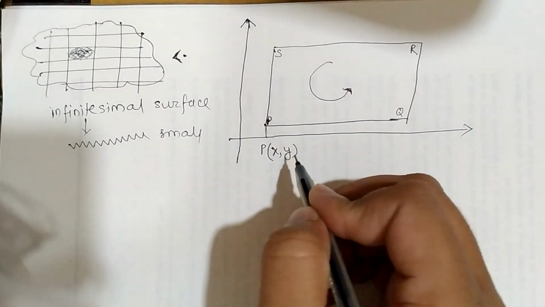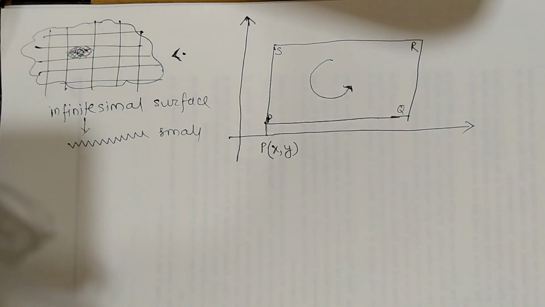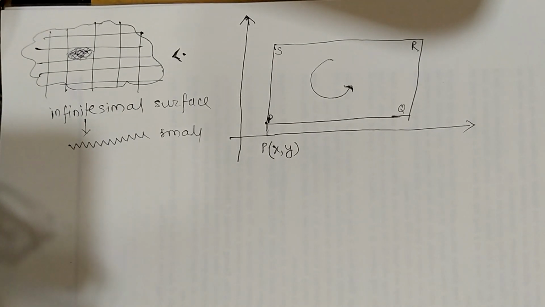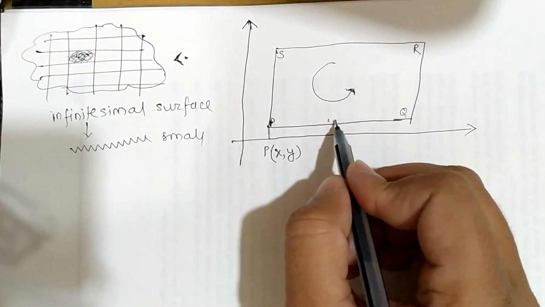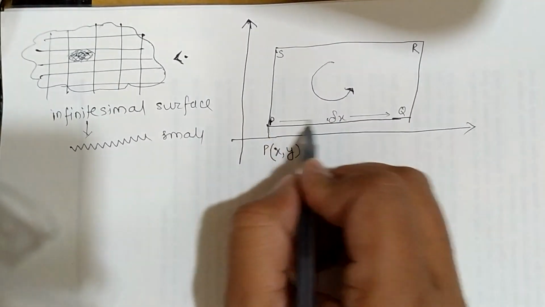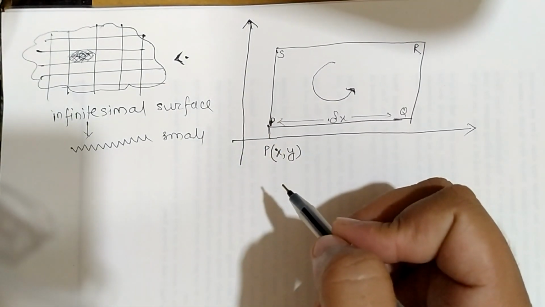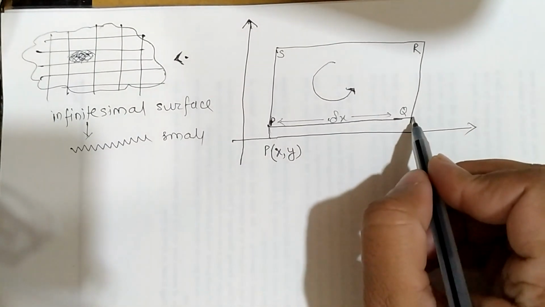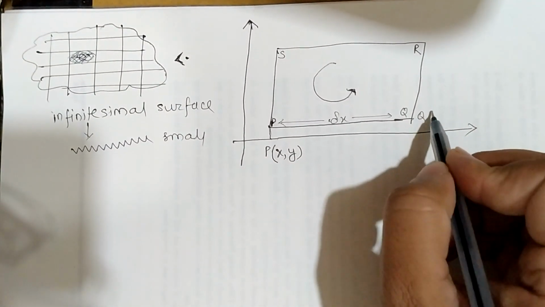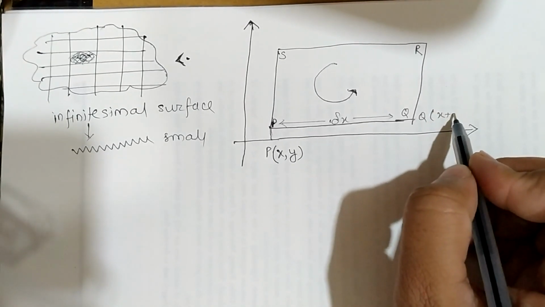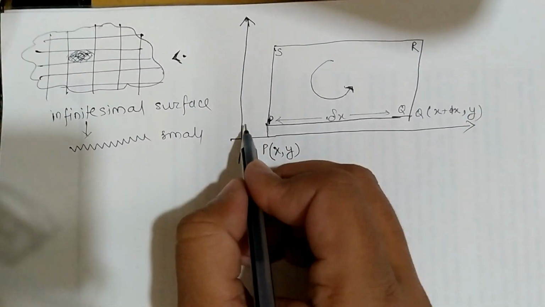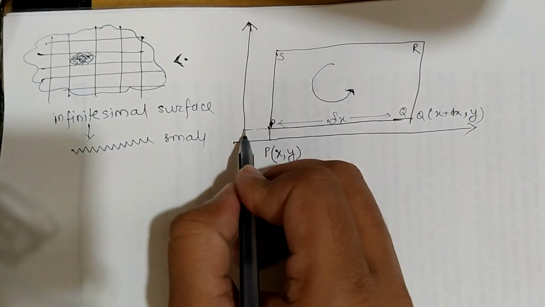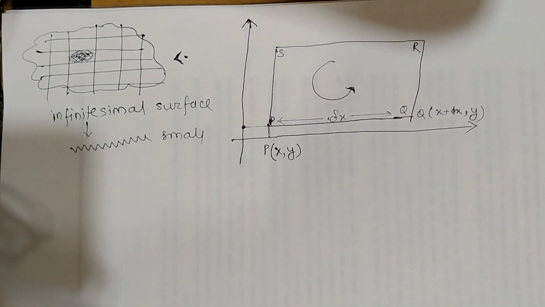Now I will consider the coordinates of the point P as x comma y. Since the point Q is located at a very small distance delta x, point Q has the coordinates x plus delta x comma y, because the y coordinate of both point P and point Q remains the same.